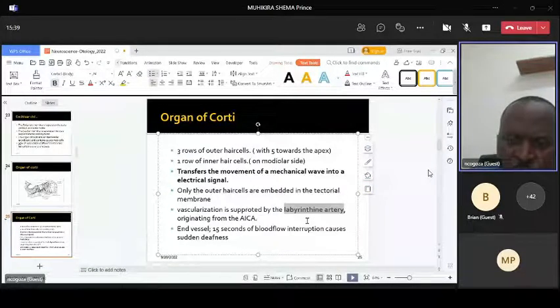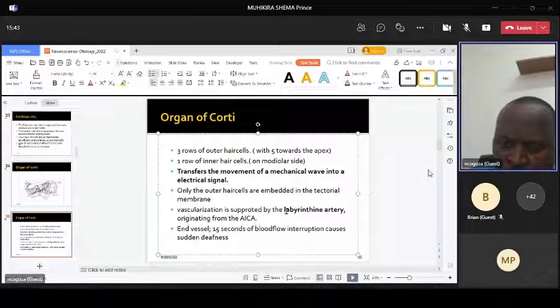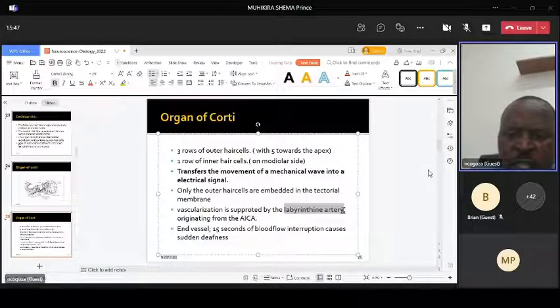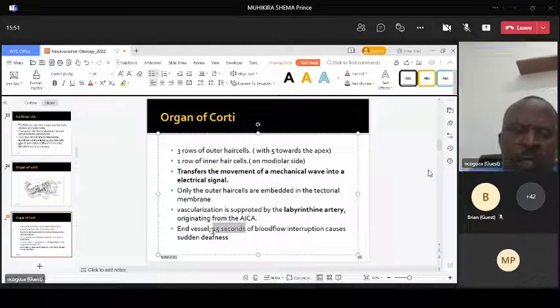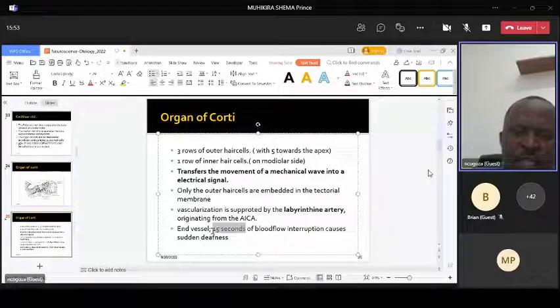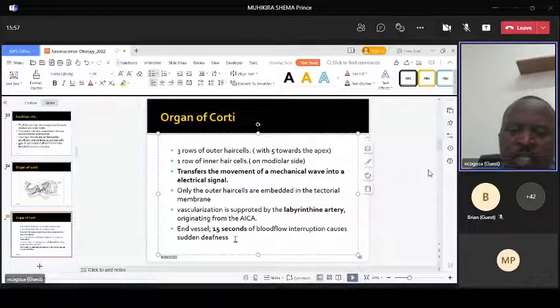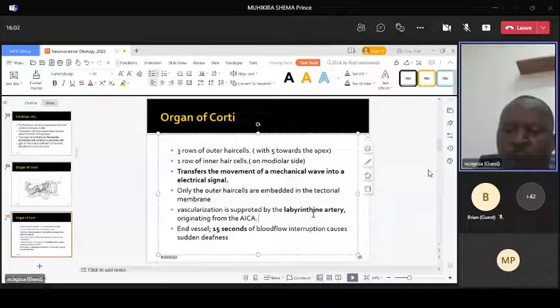And what we have to know is that if there is a problem of blood supply to the cochlea, 15 seconds are enough to cause sudden hearing loss, sudden deafness. The ear can be dead just in 15 seconds if there is a problem of blood supply from this artery.